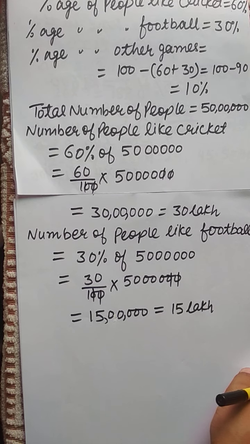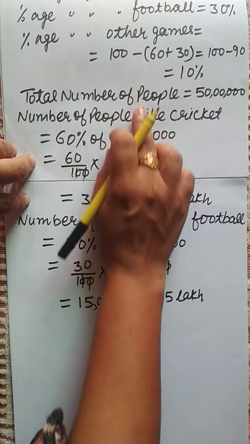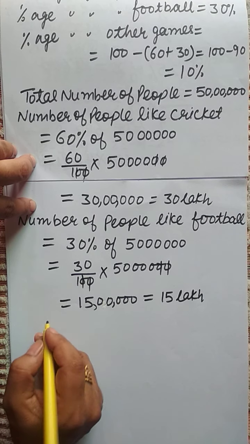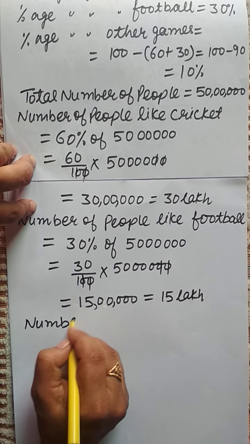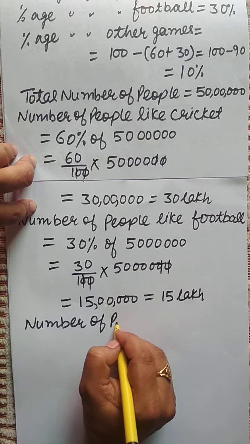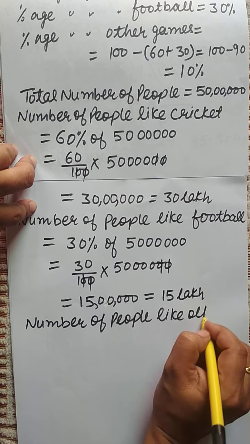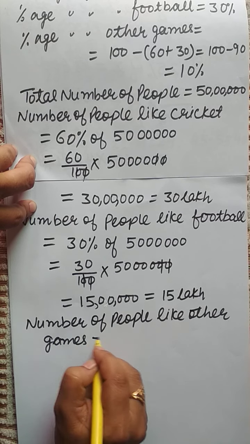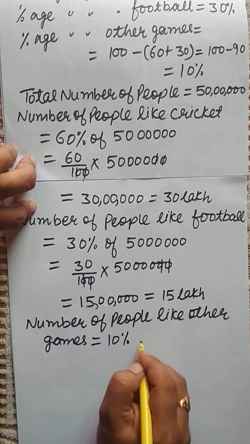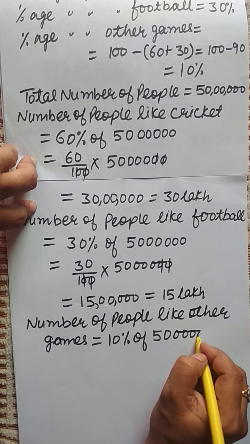Now the last one is the number of people who like other games. For other games we have 10%. 10% of people like other games. So we can write here the number of people who like other games is equal to 10% of 50 lakh.